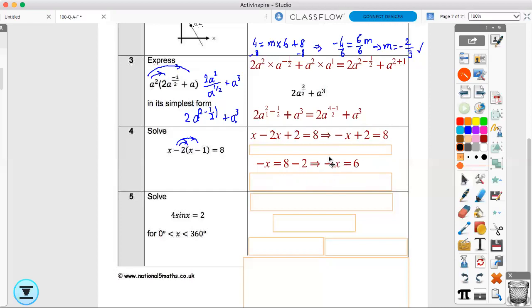And to get rid of that negative, remember, this is the same as -1 times x. A negative on its own just means it's -1 times. So the opposite of timesing by -1 is to divide by -1. And then if you divide both sides by -1, you end up with -x divided by -1 equals 6 divided by -1, which is just -6.